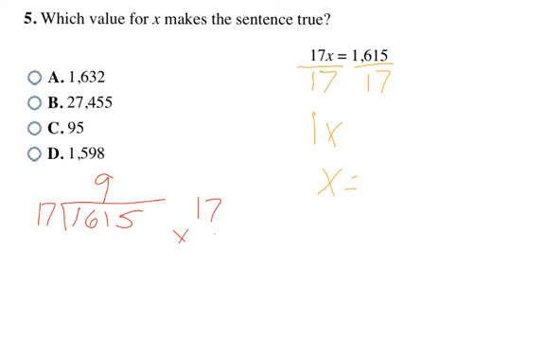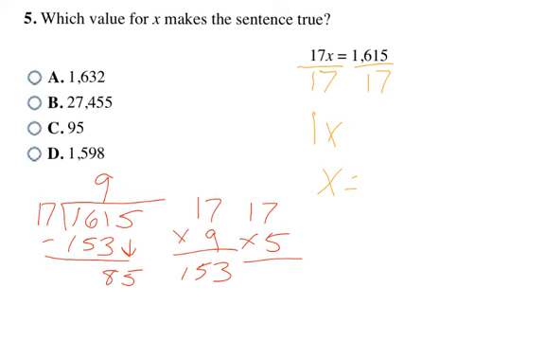And 17 times 9 is 153. So I'm going to put that underneath my 161, and then I subtract that, and I'm left with 8, and then I bring down the 5, and 17 goes into 85 5 times, because 17 times 5 is 85.